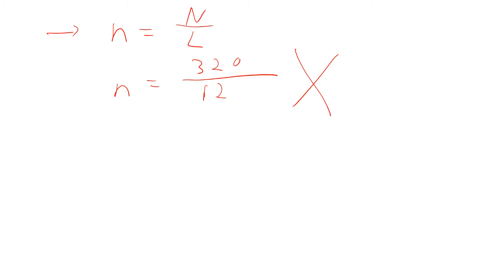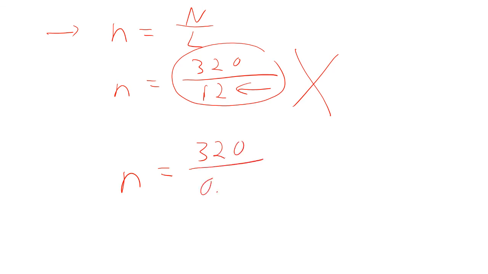What this gives me, the way I've written it, is turns per centimeter. If you want SI units instead of centimeters, this must be meters. So really, this is going to look like 320 divided by 0.12 meters. Remember, units are important. I've been stressing that all semester. Units are very, very important. If you plug that in like that, that gives you 2670.